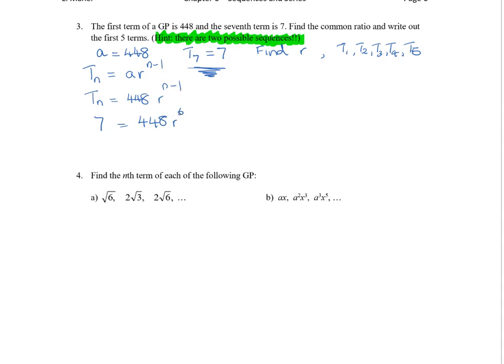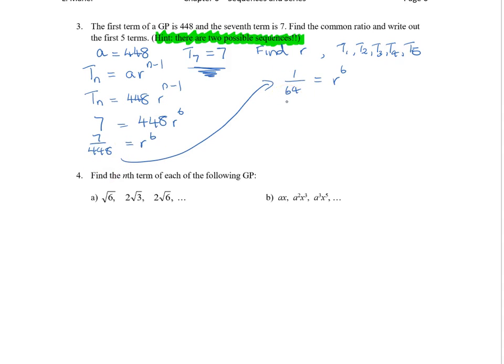So you can see there I've produced an equation now with one unknown. One equation, one unknown, we can solve. So we're going to divide both sides by 448 and get R to the 6th. I don't know, maybe I'll go to my calculator. And luckily I did, because 7 on 448 is 1 on 64.